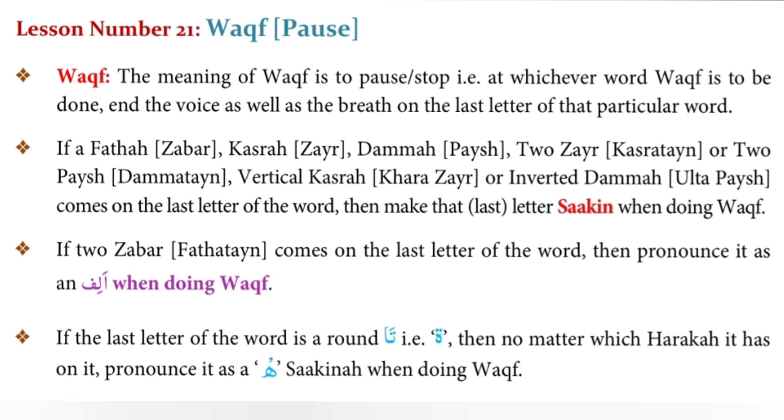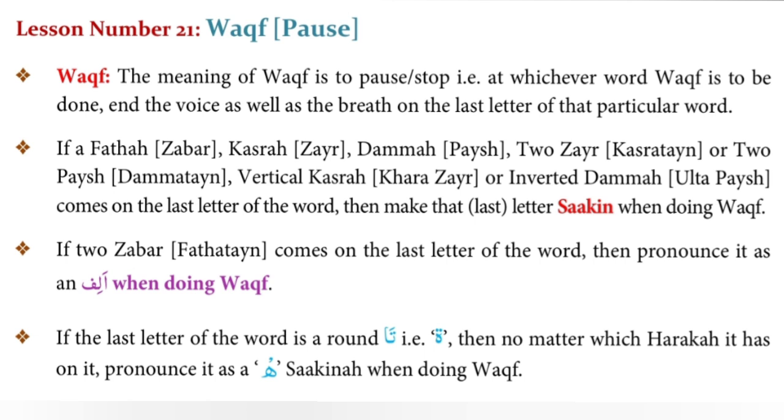Next rule. If a zabar, zer, pesh, two zer or two pesh, khada zer or ulta pesh comes on the last letter of the word, then make that last letter sakin when doing waqf.